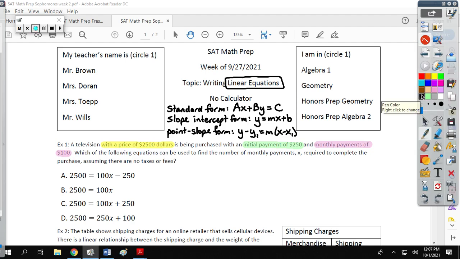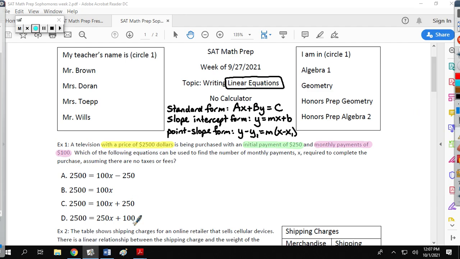Now, what we should notice is that all 4 answers, they're all written in slope-intercept form. So, we should be trying to write an equation in slope-intercept form.